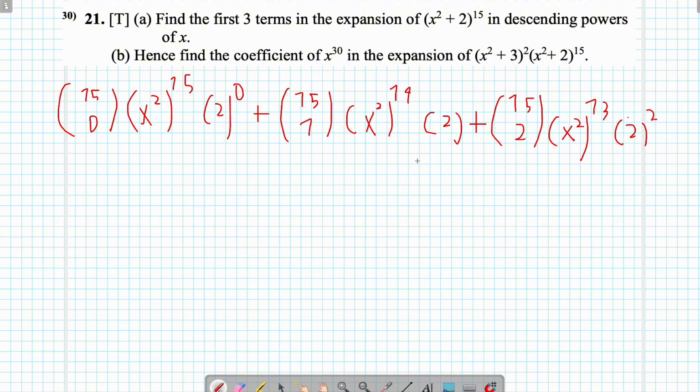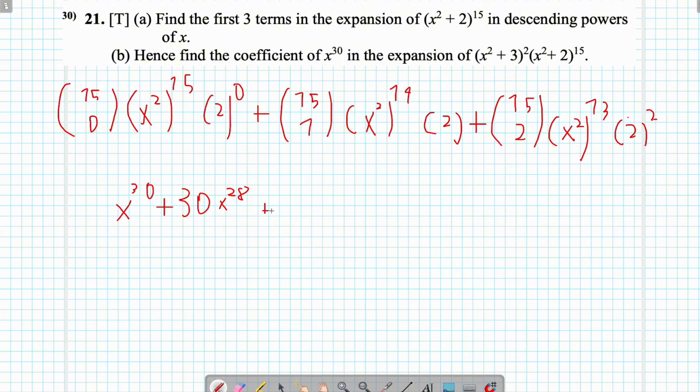And then let's simplify. So x to the 30 plus 15c1 times 2, 30x to the 28, plus 15c2 times 4, which is, oh wait, I forgot to multiply.